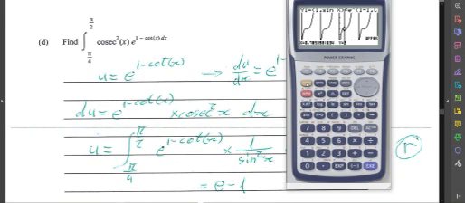And shift G solve. All right. Again, pi over 4. Execute. And 1 point.